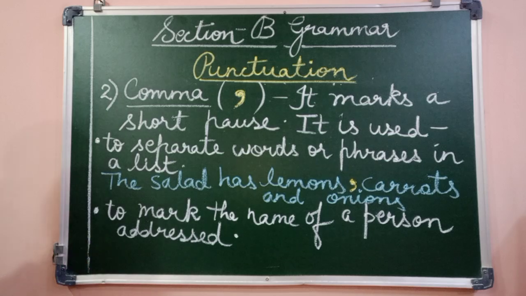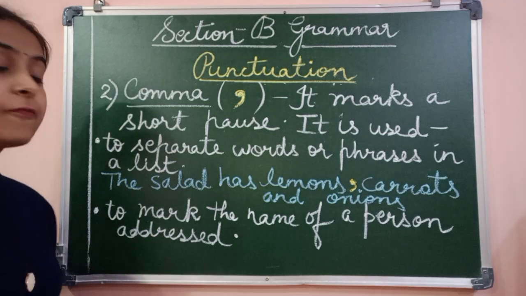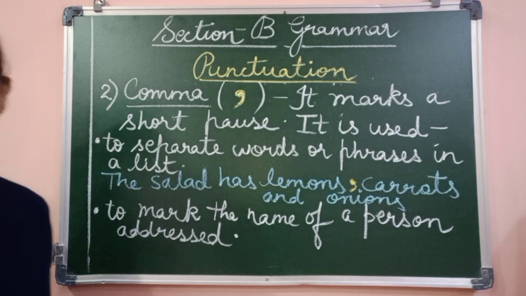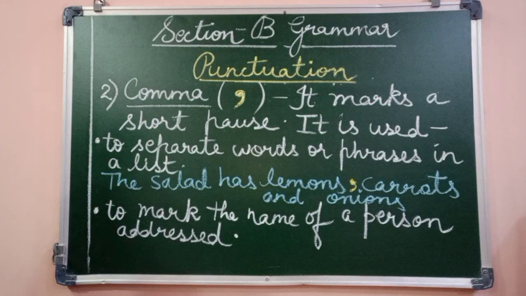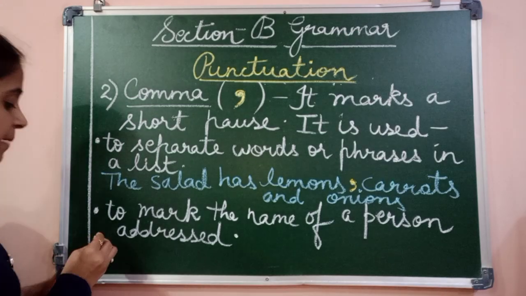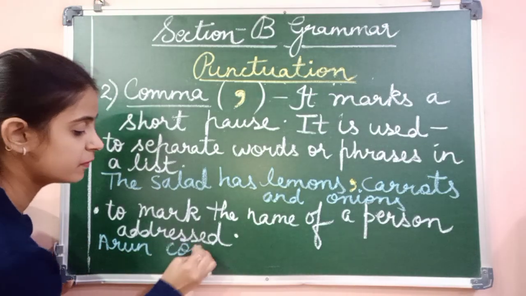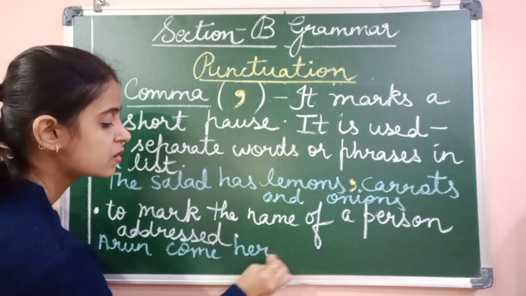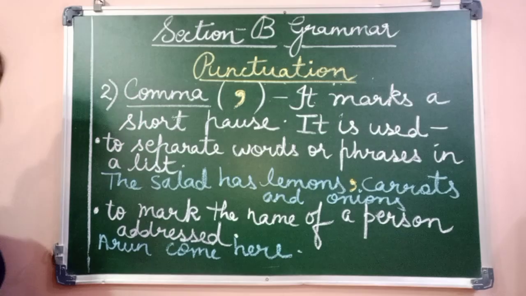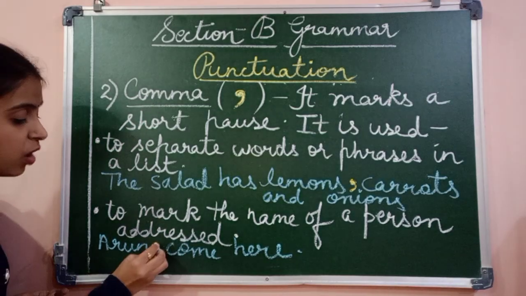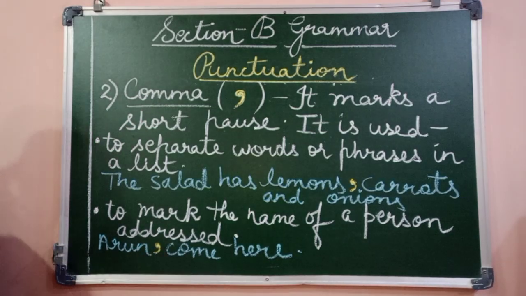Then second point says it is used to mark the name of a person addressed. Now for example, if we are addressing a person by name, for example, I say Arun, come here. Okay, so after Arun we will use a comma to address somebody with his or her name.